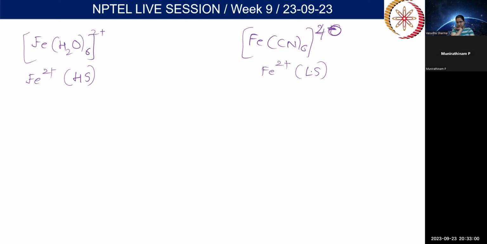FeCN6, because most of the electron density is taken by CN from the d orbital of Fe. Even though d6 is there in both the cases, because of this low spin, CN being an acceptor ligand, there would be less shielding by d electrons, which gives more s electron penetration. So that is going to have a more negative delta. We just read that higher oxidation state and low spin complexes give a more negative delta value. That is clear now?